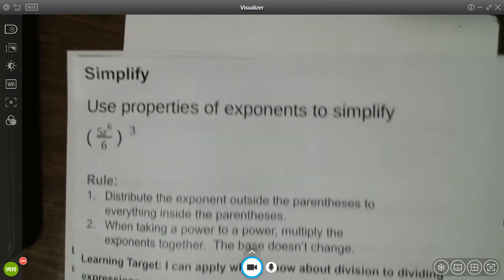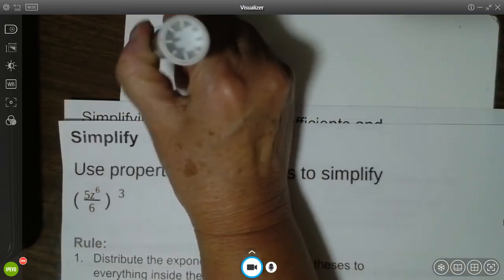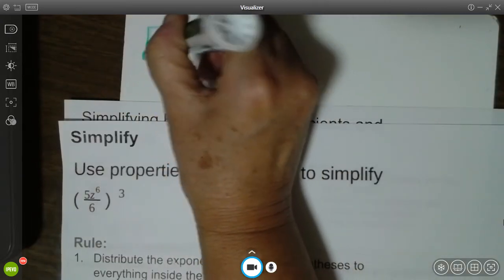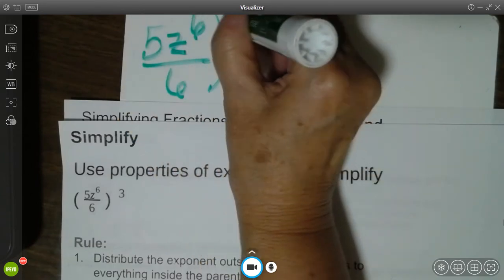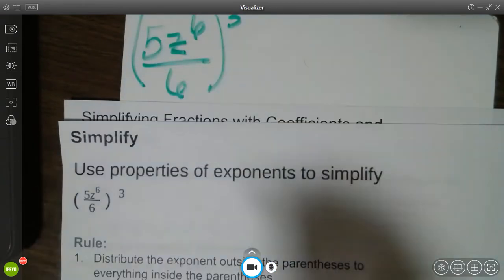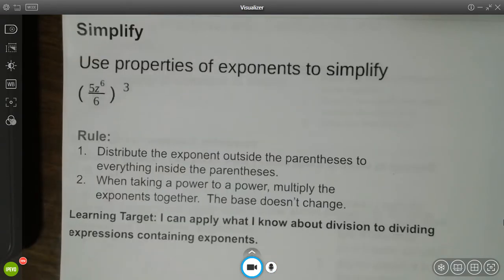Let's do an example problem. 5z to the 6th over 6, that quantity cubed. So now our rules say we can distribute the exponent outside the parentheses to everything inside. And then remember, when you take a power to a power, we multiply.